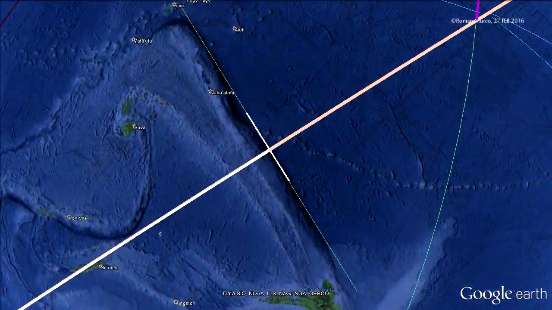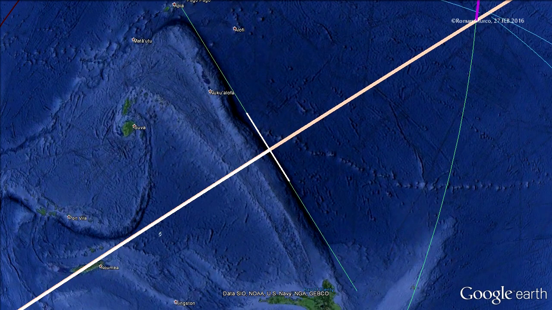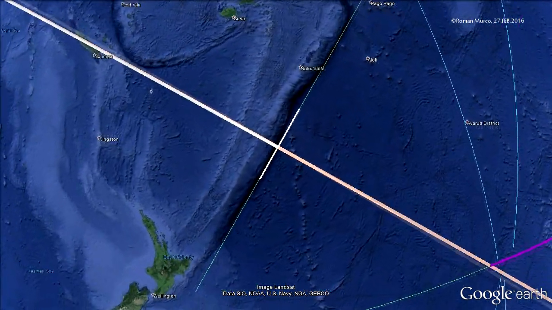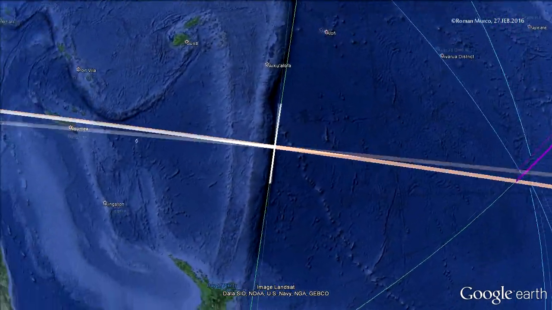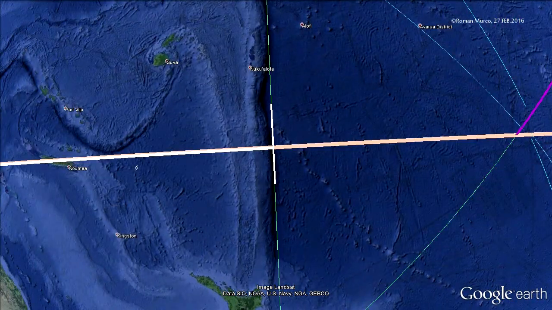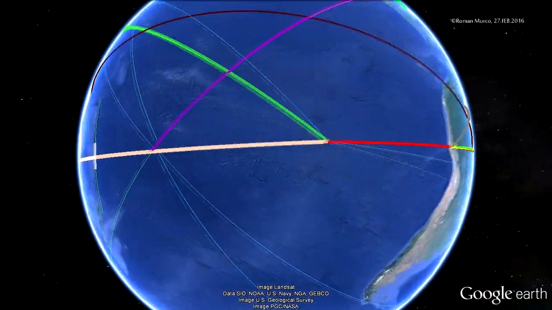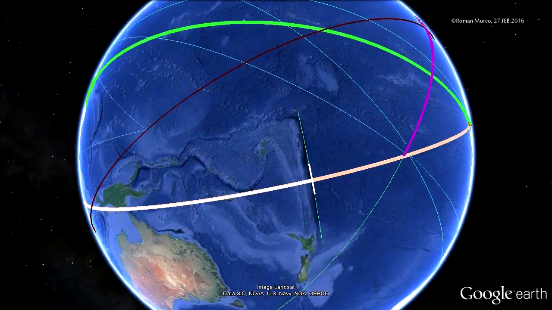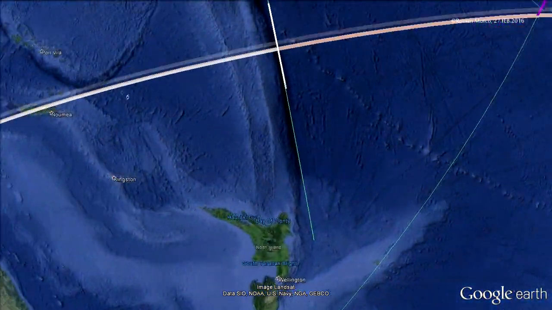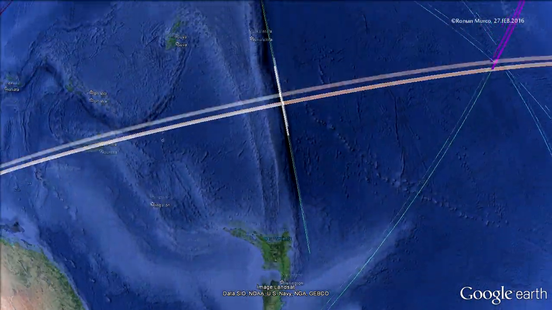Just check it out. It's going exactly in the middle, this path of this perpendicular formation. And guess what? The distance from this formation to Nazca is not coincidental.